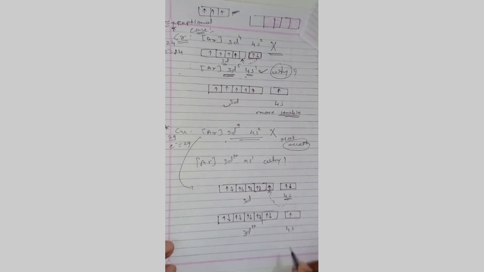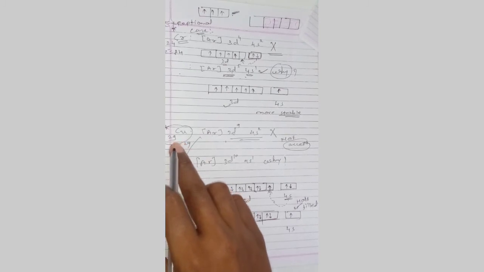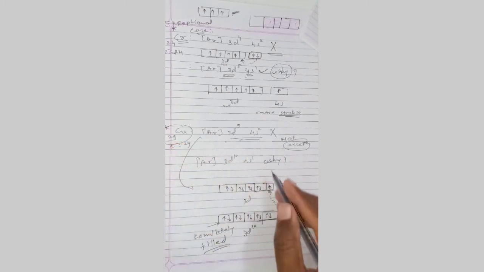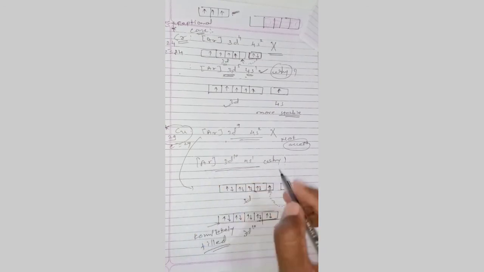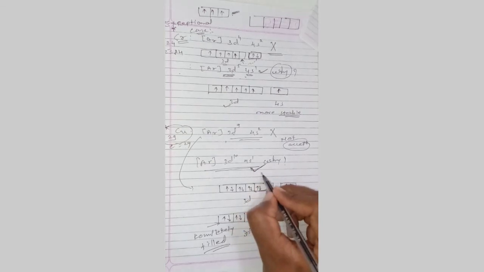So 4s is a half filled orbital and 3d is a completely filled orbital, and this kind of condition gives more stability to the copper atom, and that's why this electronic configuration is considered.